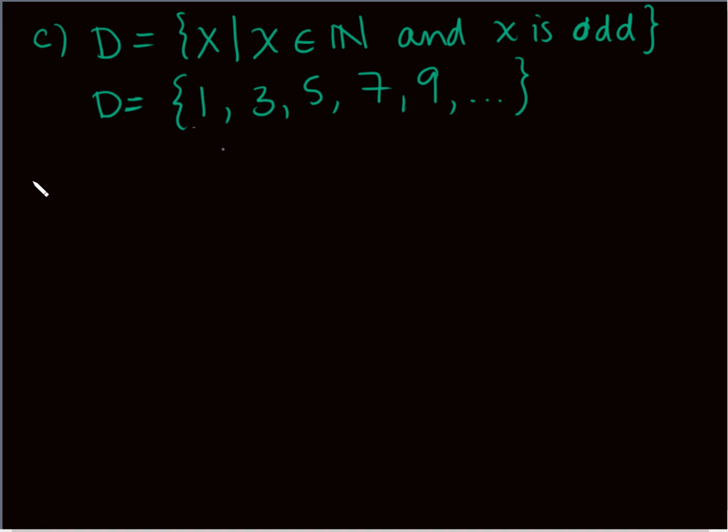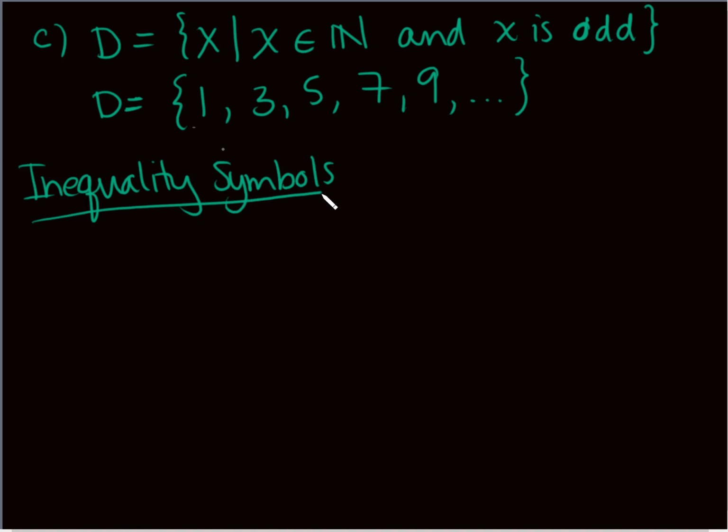Okay, a couple of reminders. Inequality symbols. I know you probably know what these are, but I just want to remind us because they can get a little bit weird sometimes. We're going to use them in some of our set notation. So if I had x and then this little caret thing, what does that mean?